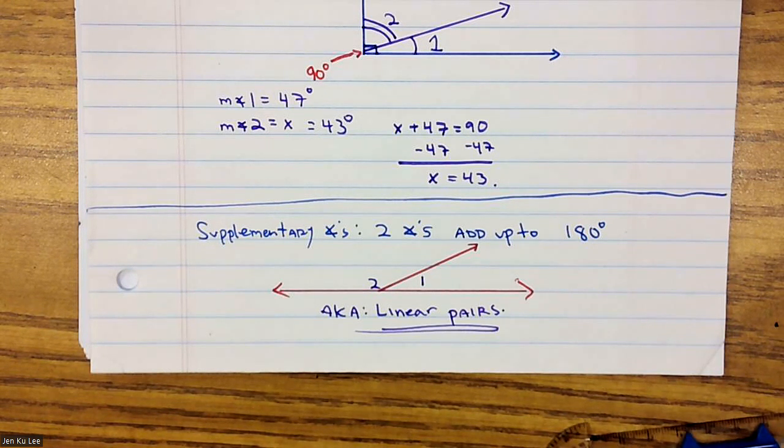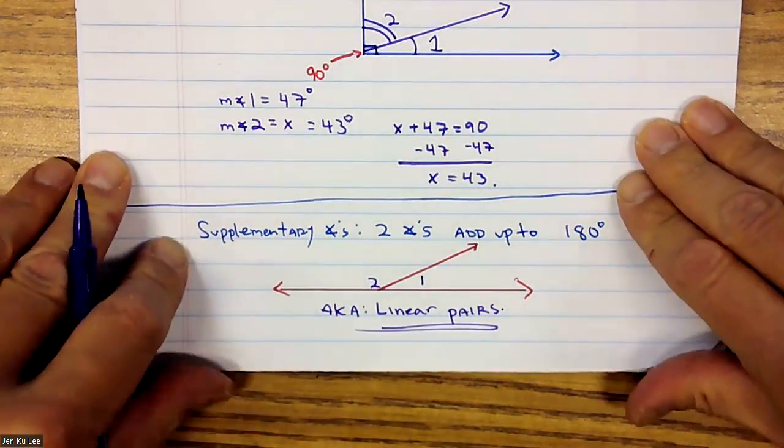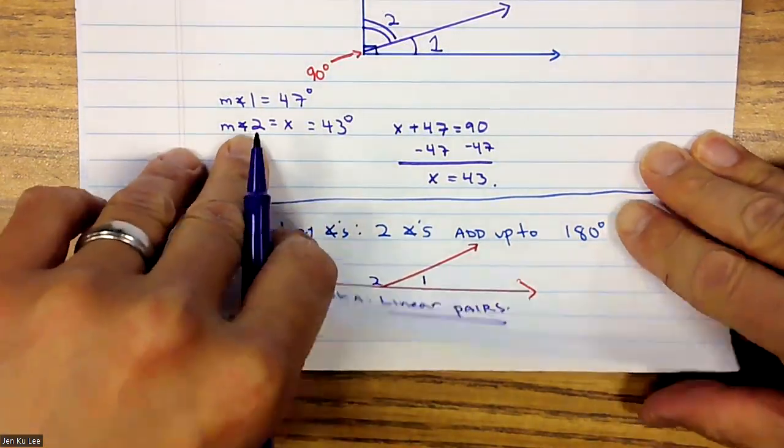Cool. Okay, those are the first two angles, or actually the first three angles, because I said linear pairs, right?